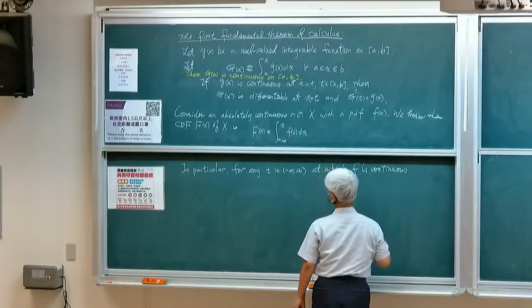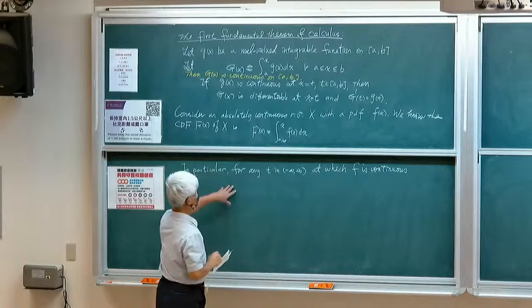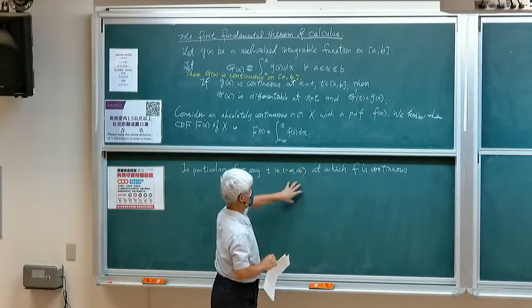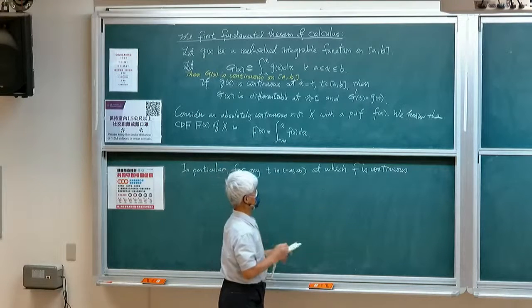Okay, so suppose we know the PDF is continuous at certain point t.